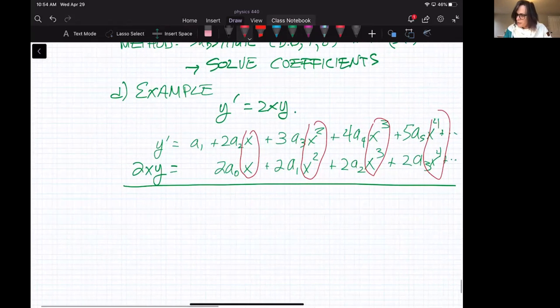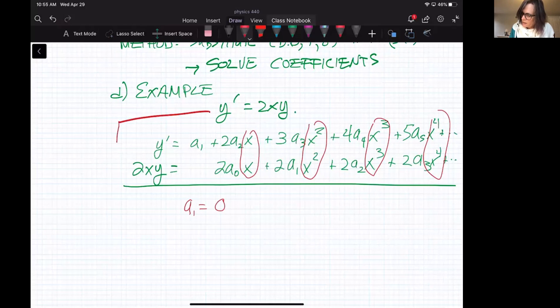So from this, what does a1 have to be equal to? Zero. Yep. So a1 is equal to 0. Remember, what we're saying with this equation, this means that this series is equal to that series. So we have to go term by term.